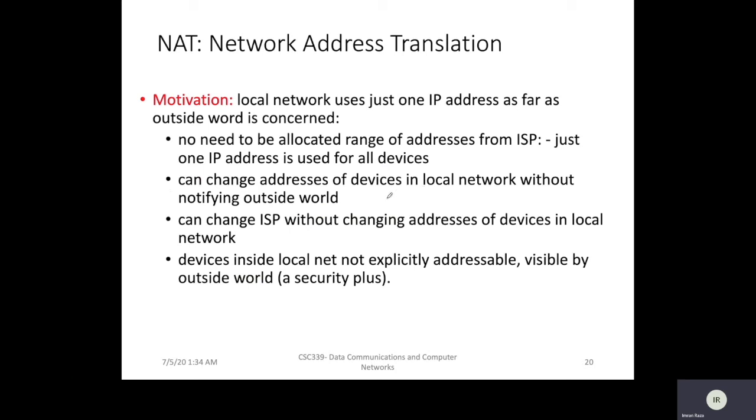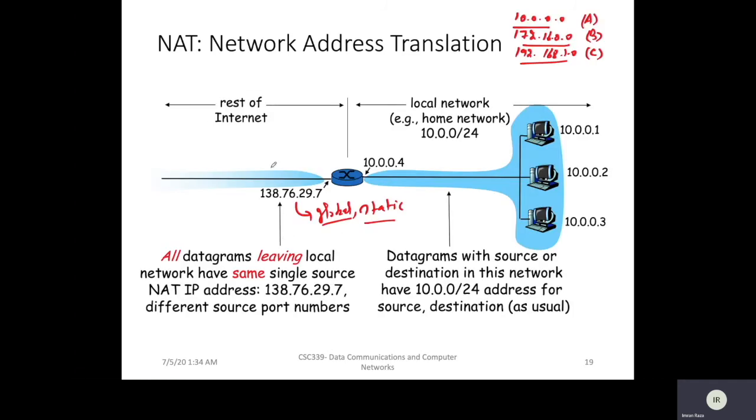The other advantage of the motivation is that we can change the addresses of the devices in the local network without notifying the outside world. So within the network, I can change the IP address of any local machine, and I do not need to let anybody know about it. And we can also change the ISP without changing the addresses of the devices in the local network. So maybe I can change it to another IP address.